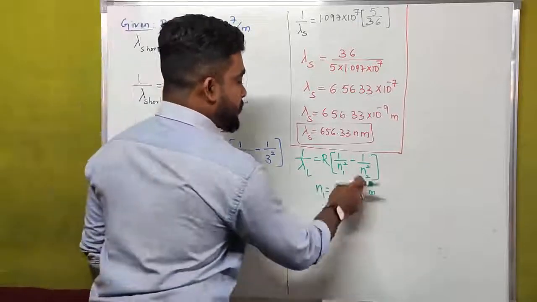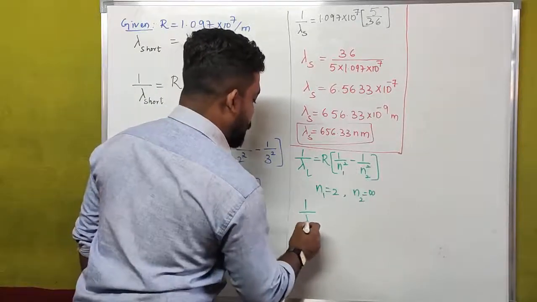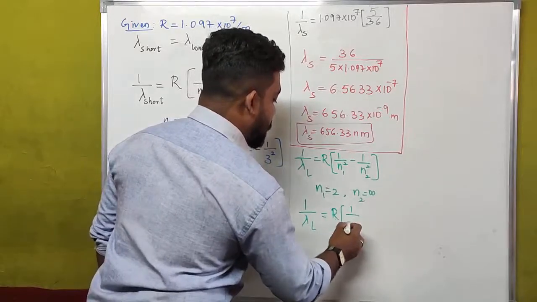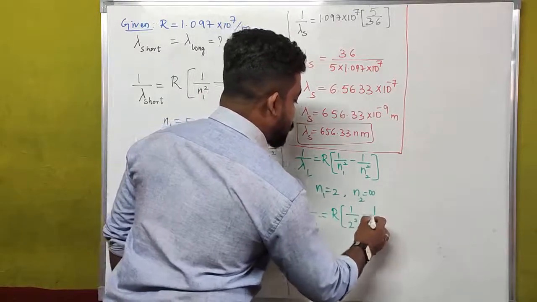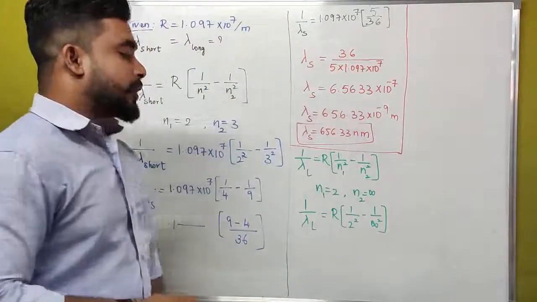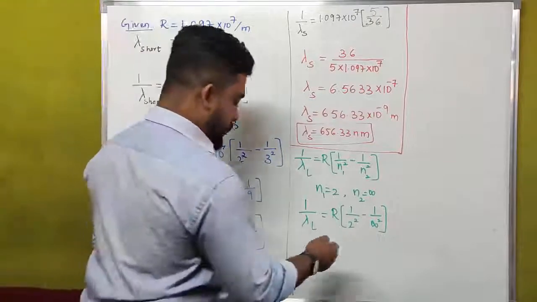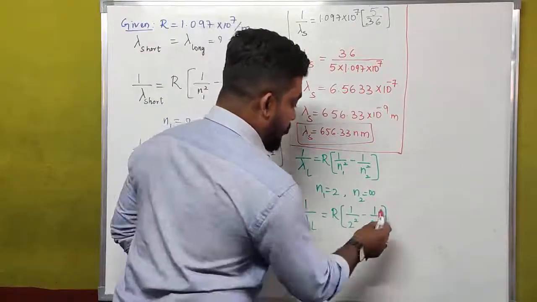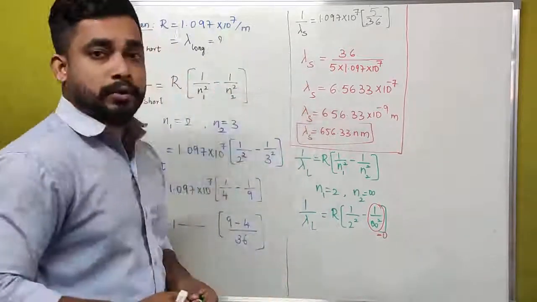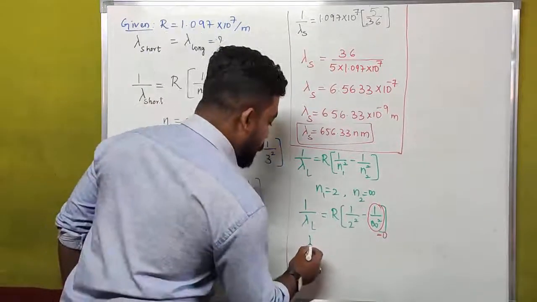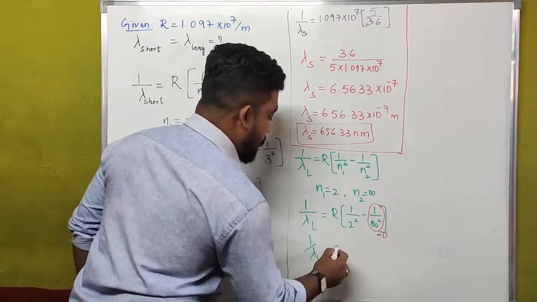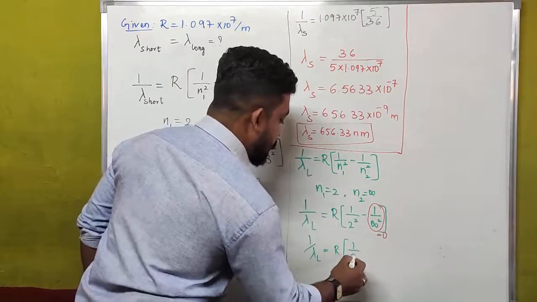If we substitute these two values here, 1 over lambda L is equal to R into 1 divided by 2 square minus 1 divided by infinity square. What is 1 over infinity square? That is 0. We can consider this whole term as 0, because 1 divided by infinity is equal to 0. Then 1 divided by lambda L is equal to capital R into 1 divided by 4.